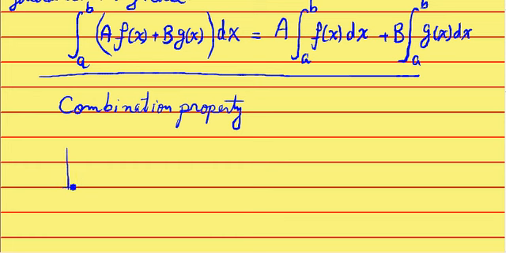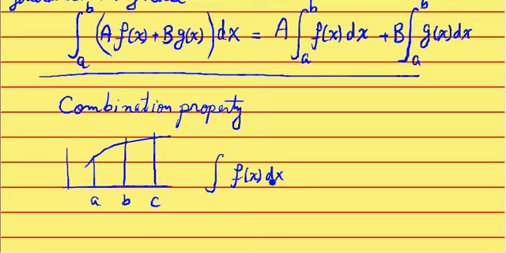If you have a function and you're considering it at 3 points, let's call them, say, A, B, and C. If you go ahead, integrate your function from A to B, and then go ahead, integrate it from B to C, what do you think you're going to get?